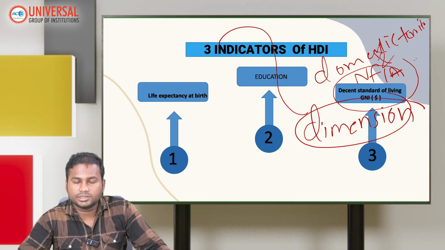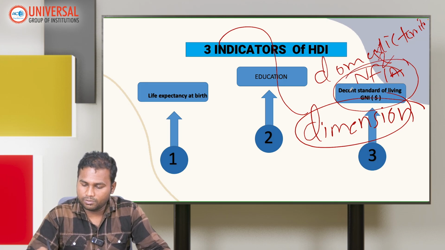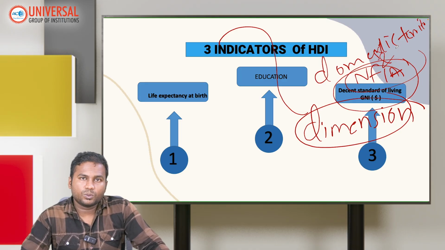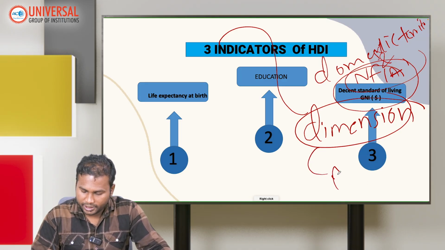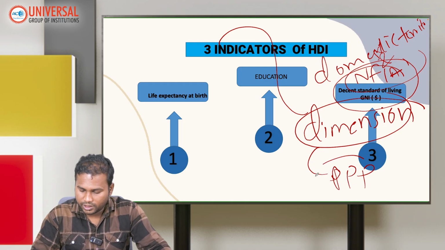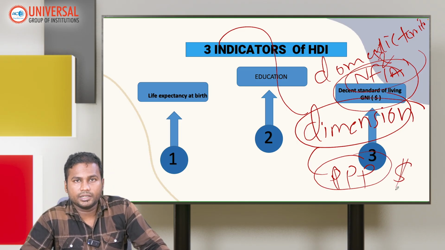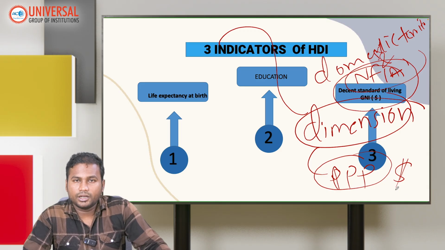All those things get deducted, and ultimately that income becomes your gross national income. And we are gauging it with purchasing power parity. Later on we will learn how to quantify purchasing power parity in terms of GNI, in order to understand the decent standard of living.